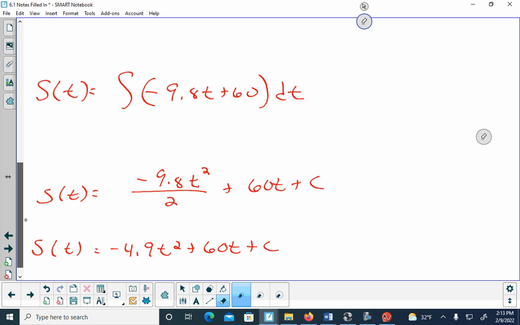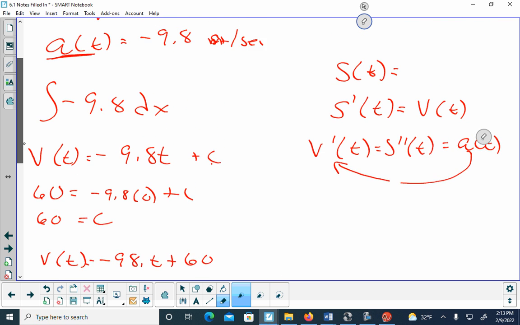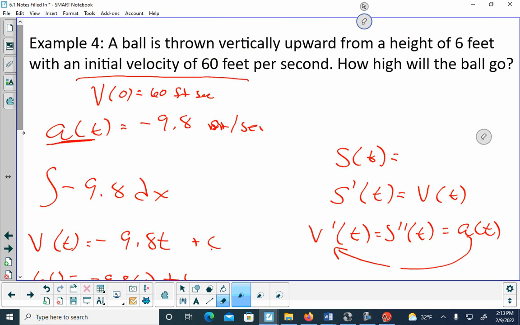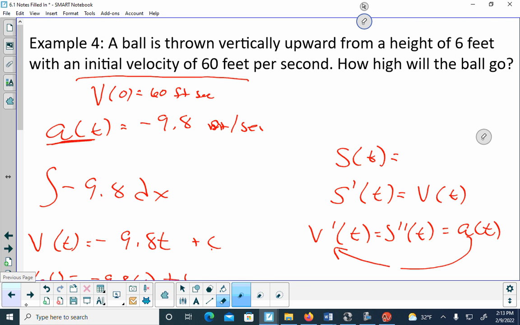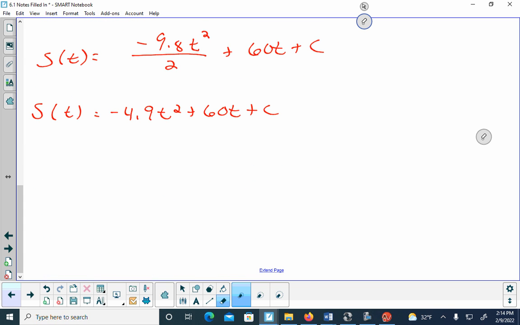Do I have anything in the directions that tell me anything about the position of this ball? Upward from a height of 6 feet, so that means that 6 feet is the initial height. When I'm at time 0, I'm at 6 feet, so when t is equal to 0, my s of t is equal to 6, yes?